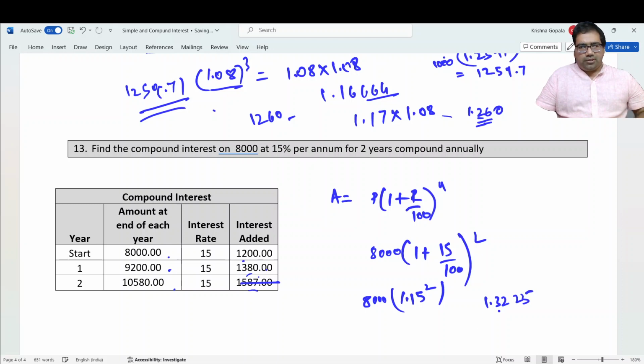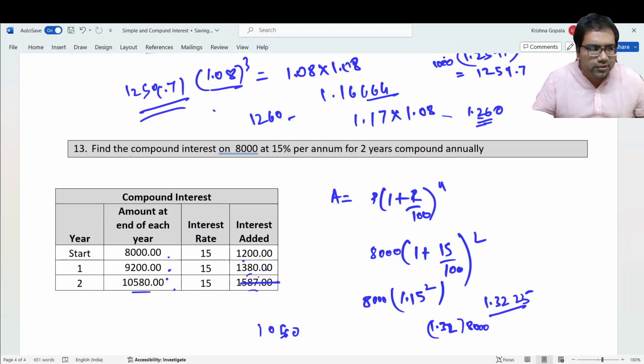You can directly approximate it. You don't need to go till the end. 1.32 into 8,000 will become 10,560, which is also close. This is close to this.